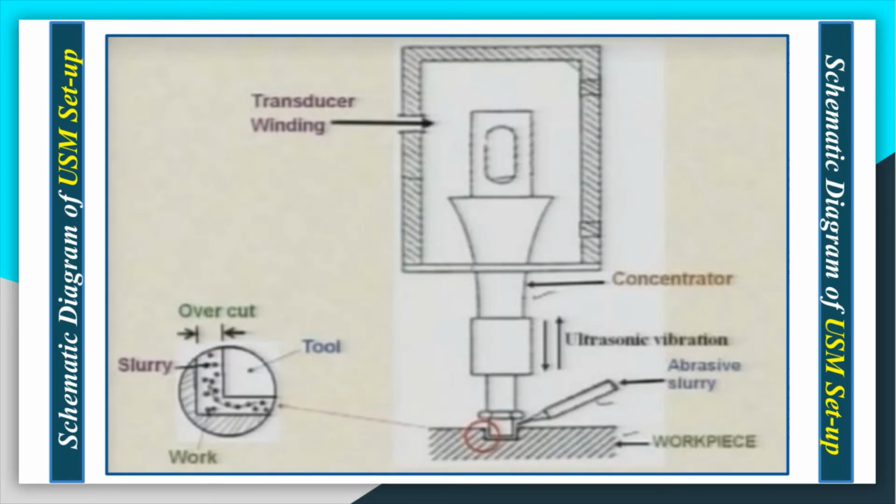So you will find that the metal is continuously removed from the workpiece, and thousands of very fine craters are created on the top surface of the workpiece. So approximately an inverse replica of the tool is produced on the workpiece. So this is a schematic diagram of our USM setup.